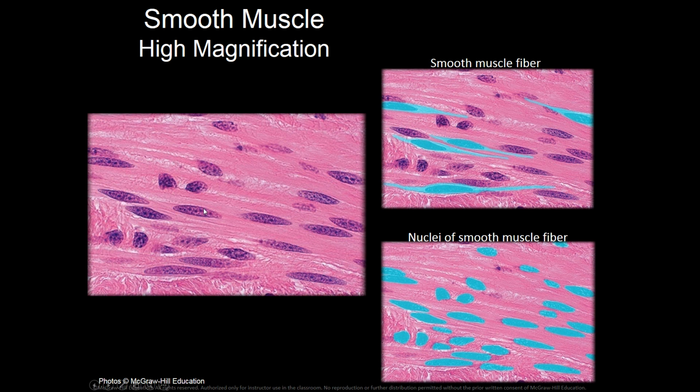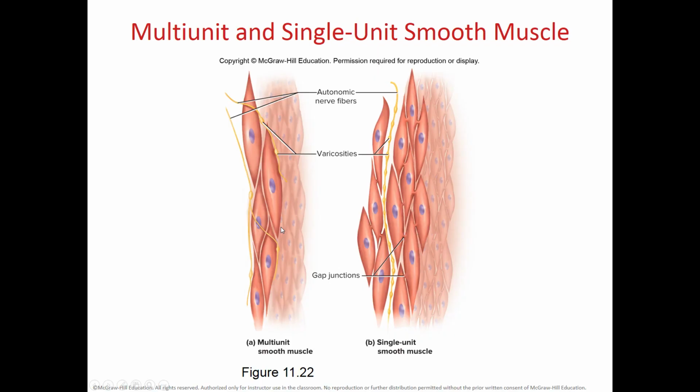So this is a high magnification, so you can see these long fibers with this central nucleus in the cells. And sometimes they form multi-unit, or they can form single units. And then this muscle, when they form a single unit, they have gap junctions similar to the gap junctions that we have in the cardiac muscle fibers.